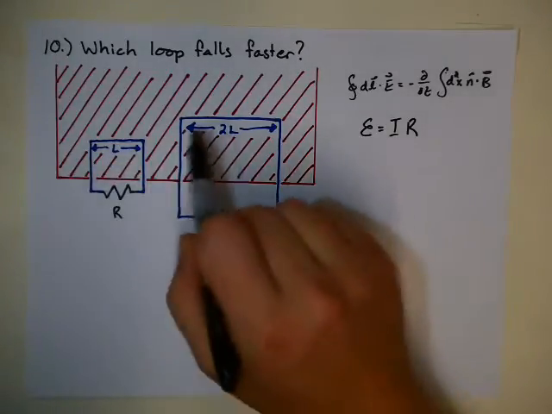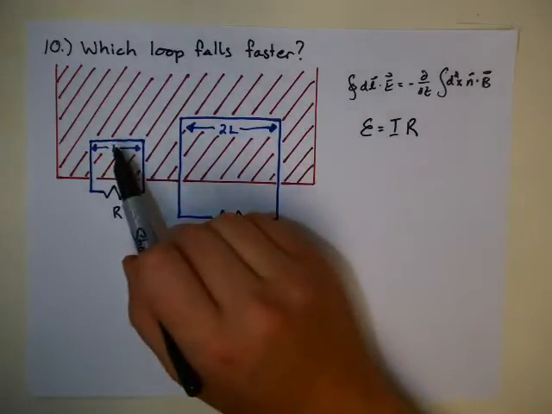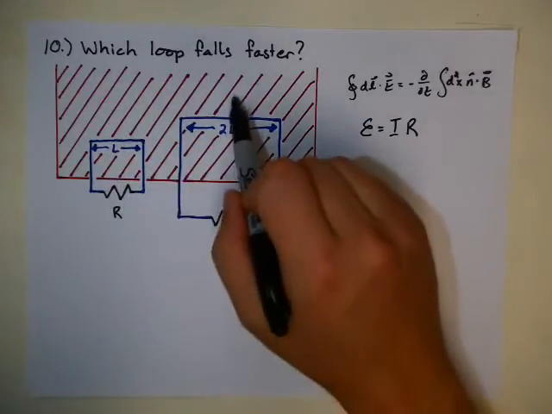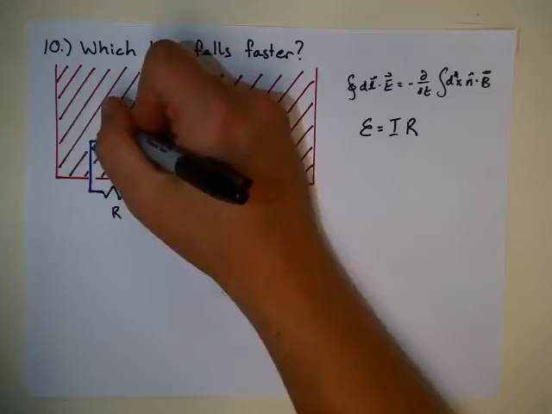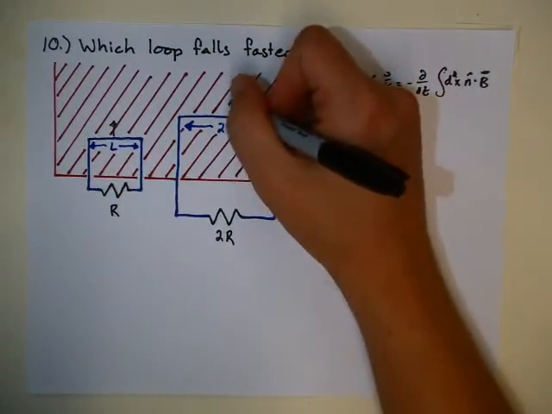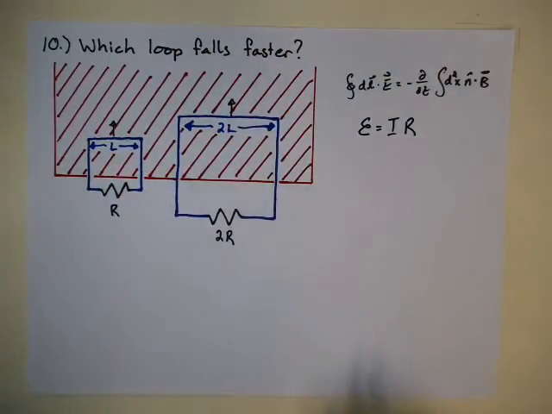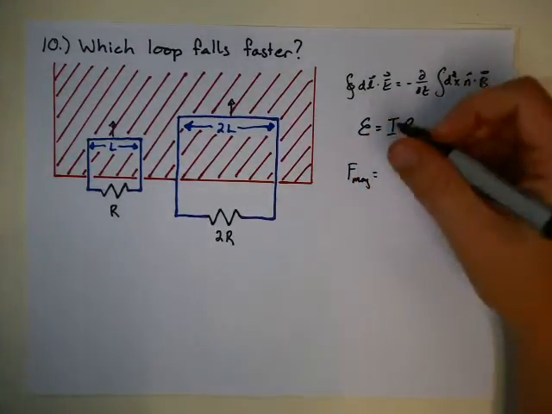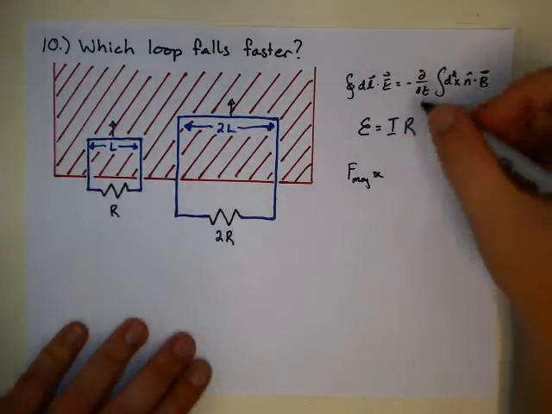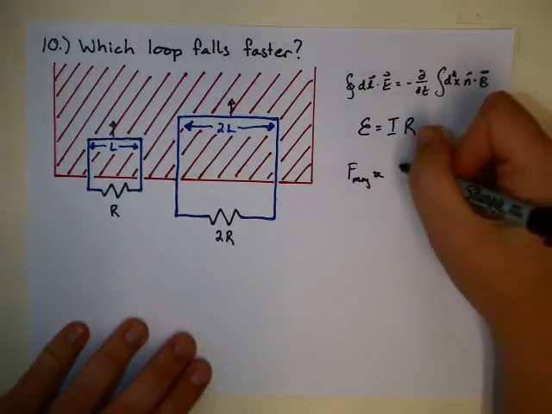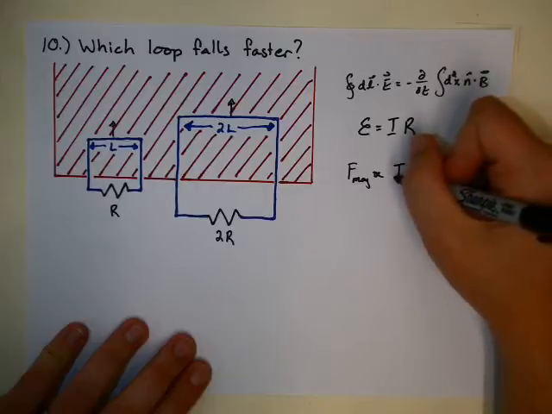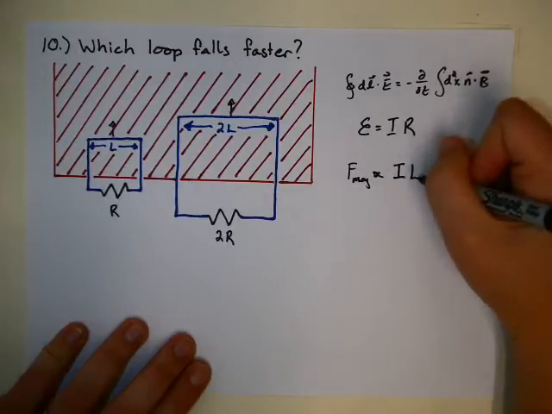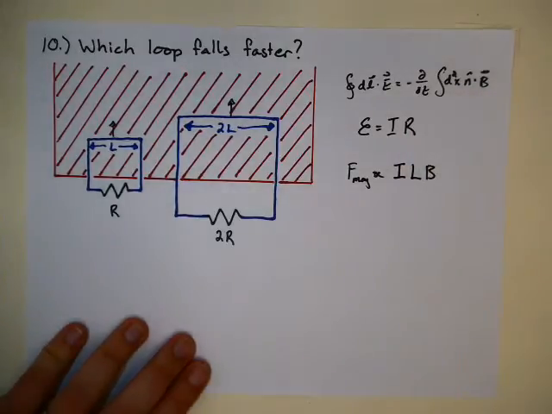When I have the current flowing through a magnetic field, I'm going to get a force that points up, in both cases, and we know that just from Lenz's law that this is going to resist. The magnetic force is proportional to the current times the length times the size of the magnetic field.